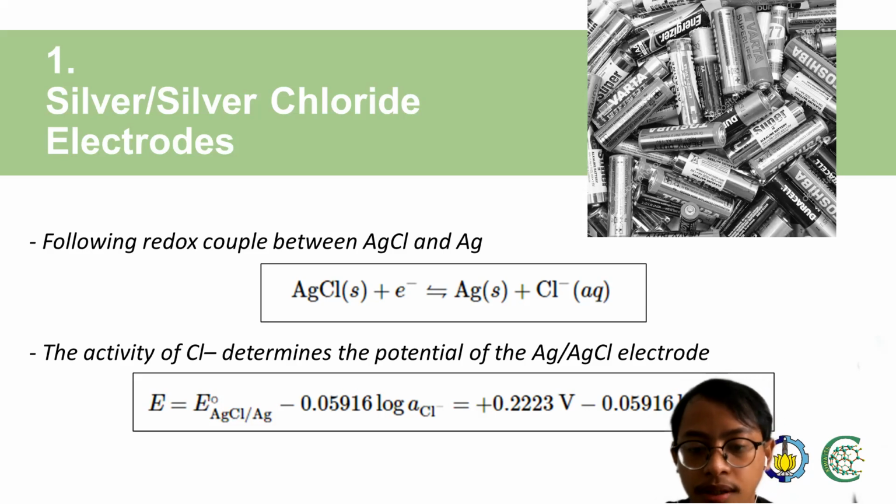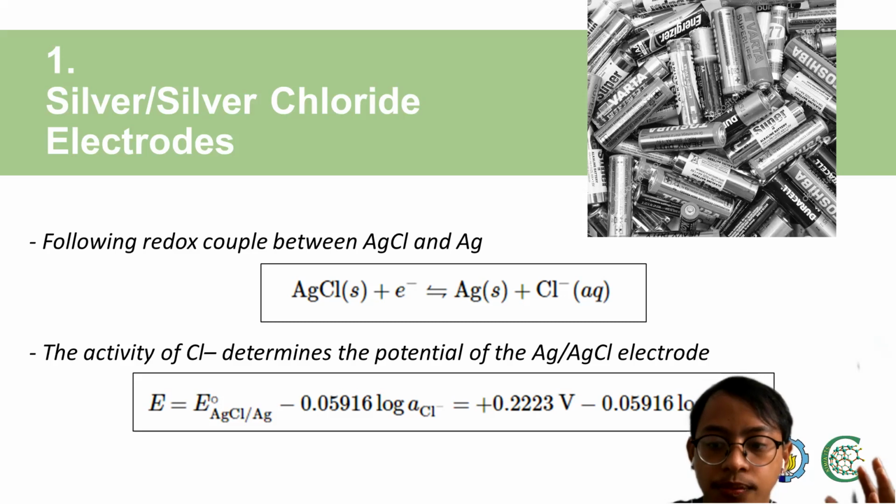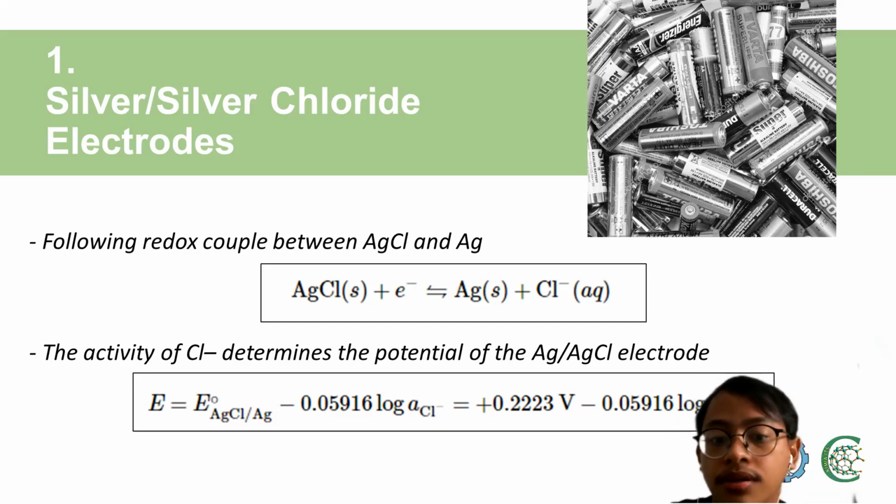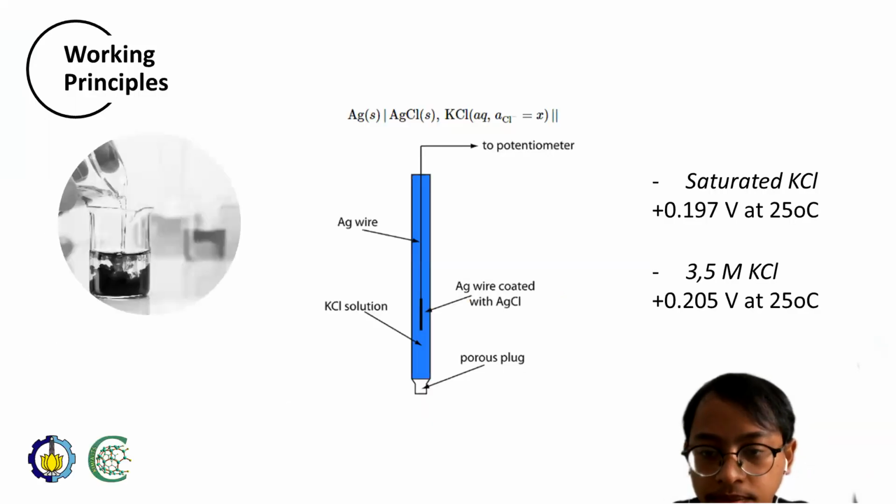So this is some kind of fixed number, and we can determine the potential or the concentration of the analyte by using this equation. This is the working principle of the silver chloride electrode.